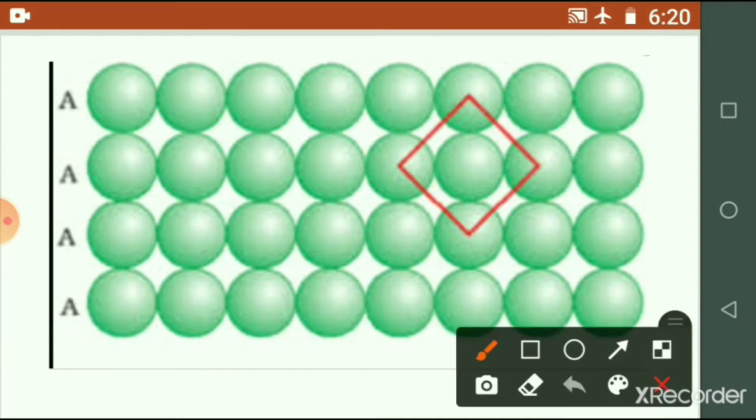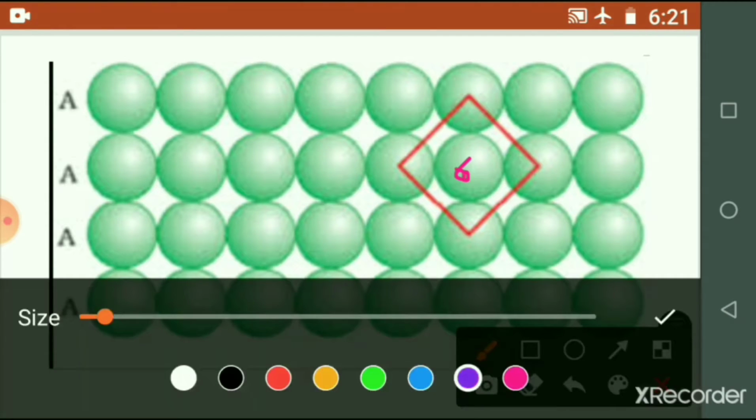In this case, we observe a given atom is in direct contact with 1, 2, 3 and 4. If I consider this particular atom, it is in direct contact with 1, 2, 3 and 4.